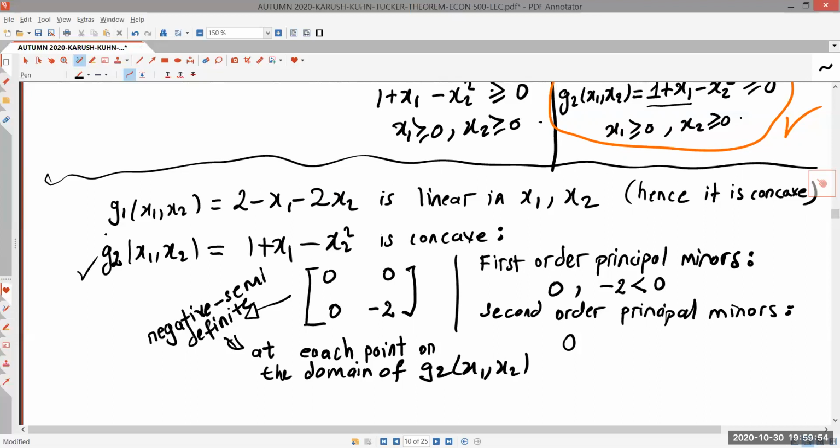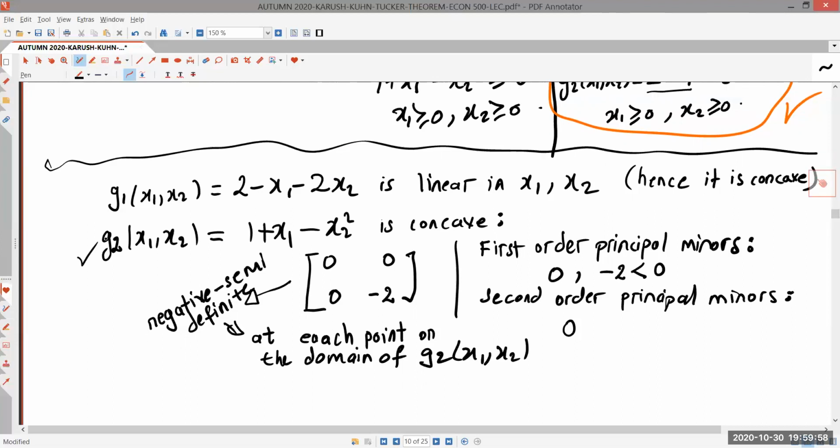On the domain of, if I just am concerned with the domain of the G2 function, the domain would be here, any number, basically.